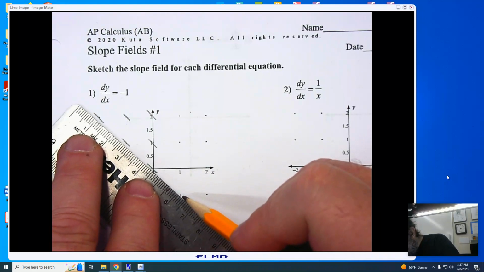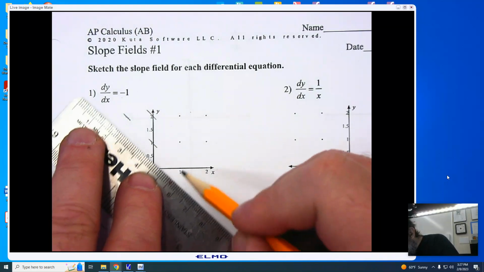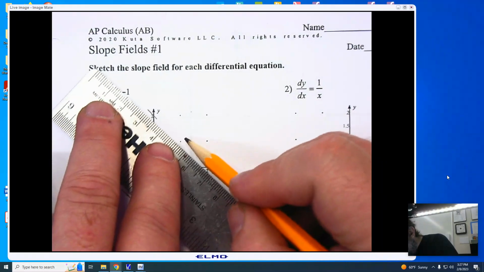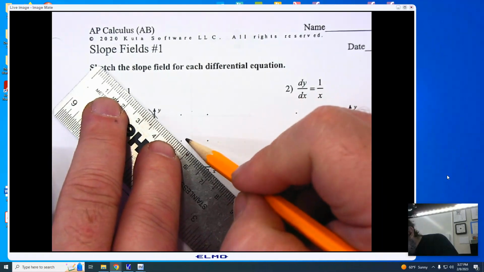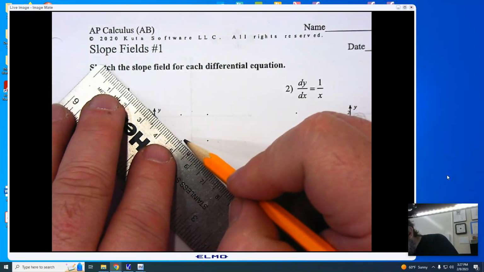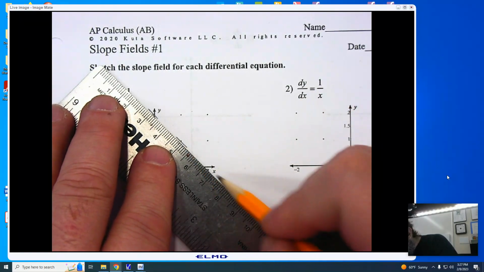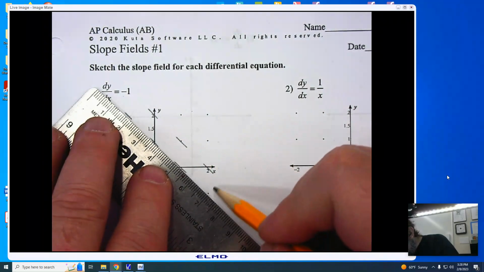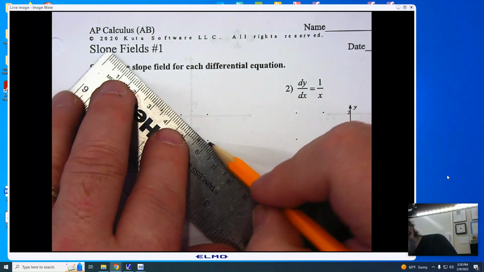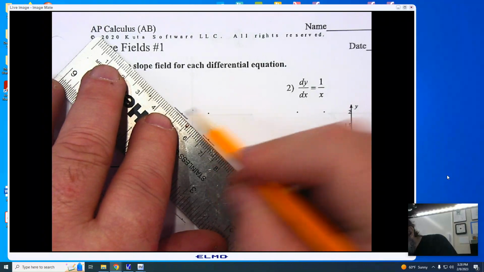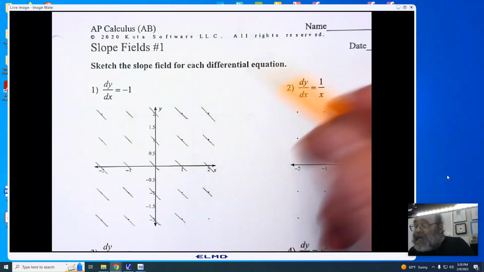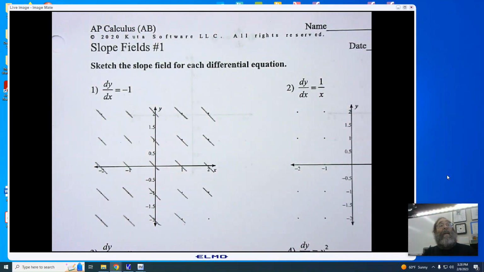That's what a slope field is. And you'll notice it's fairly easy to make. It does get harder as we move on, but you can see it's pretty clear. And there's our slope field where dy dx is always negative 1.